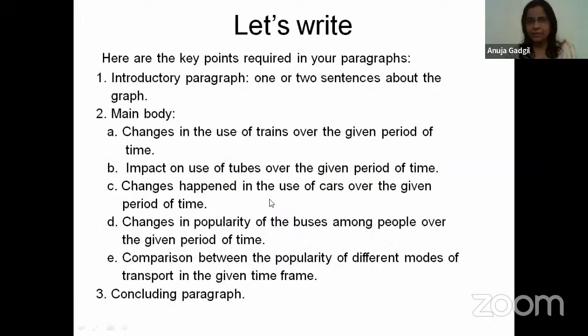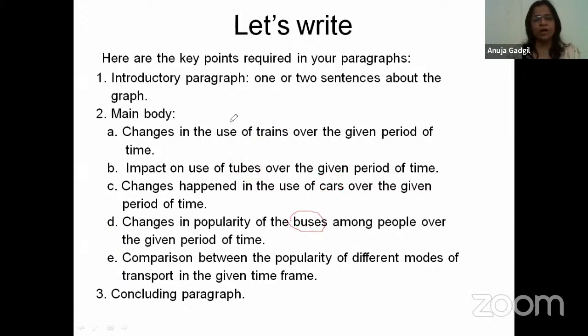You give an introductory paragraph. Then how will you write the main body? You have to write the progress that took place in all these modes of transport, that is train, then tubes, then cars, and the buses.